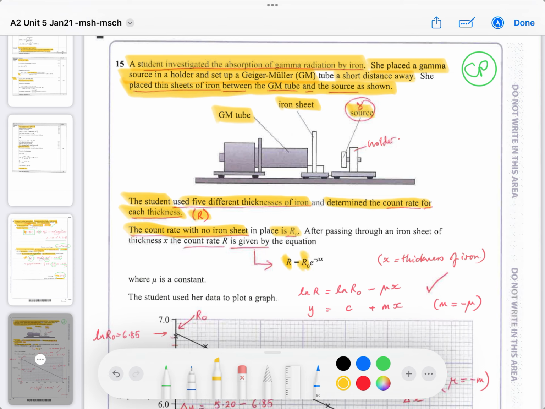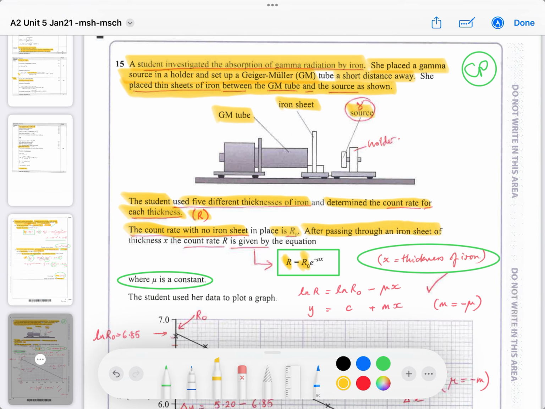So R equals R0 e to the minus mu x, which is a logarithmic expression, where x is the thickness of the iron, and mu is a constant. It's very similar to other logarithmic equations you've used in other topics in year 13.